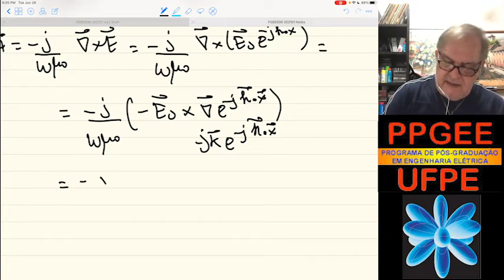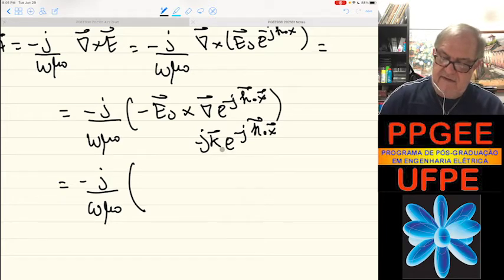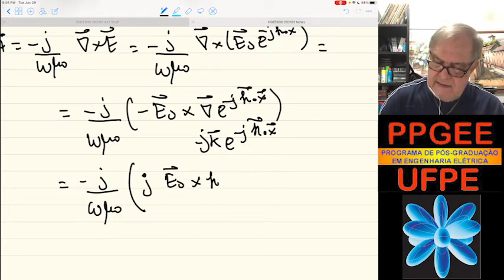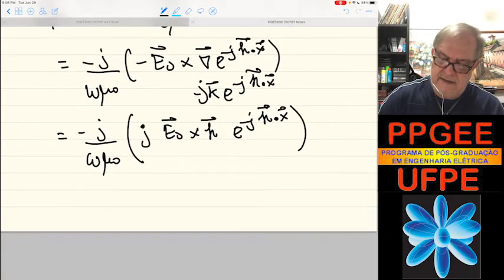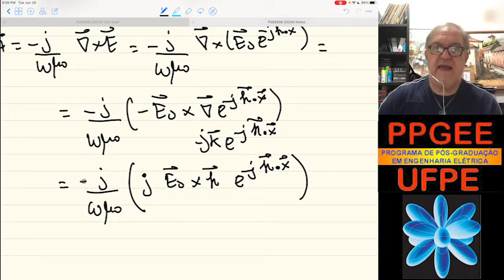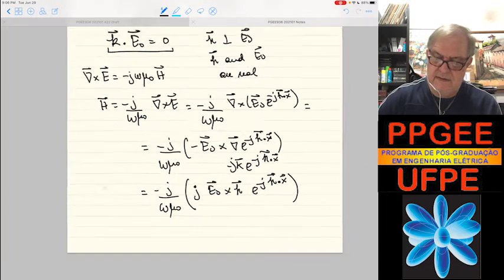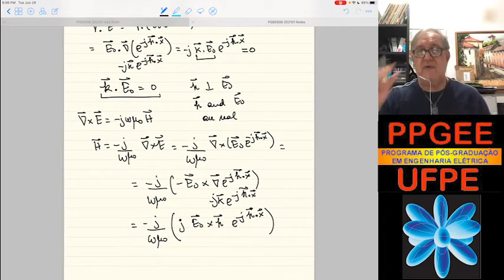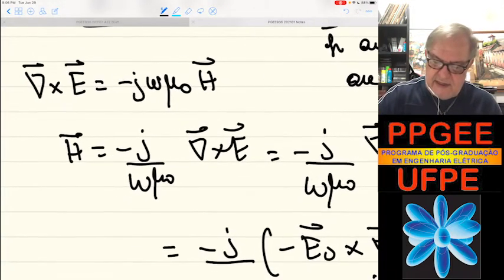Let's do it carefully. Minus j divided by omega mu 0. Then we have plus E0 cross k exponential minus jk dot x. Now it's correct. I think there's a wrong sign here. Let's review the calculation again.